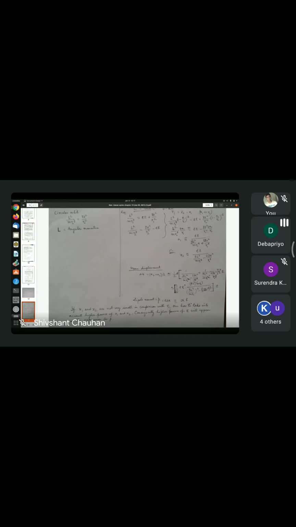This displacement causes a shift of the center of negative charge, which was coinciding with the position of the nucleus earlier, to shift to a position at a distance equal to x1 plus x2 by 2, that is delta x, from the nucleus.